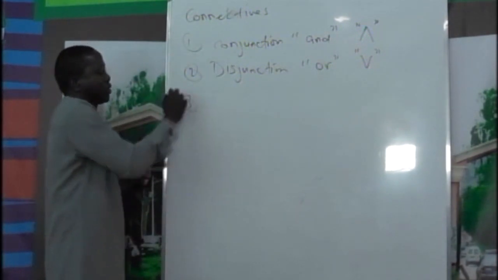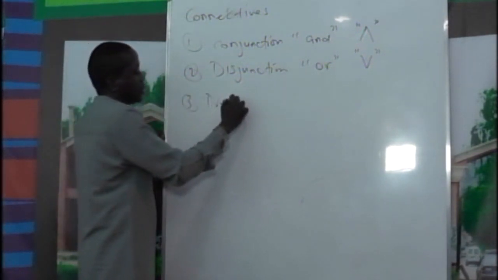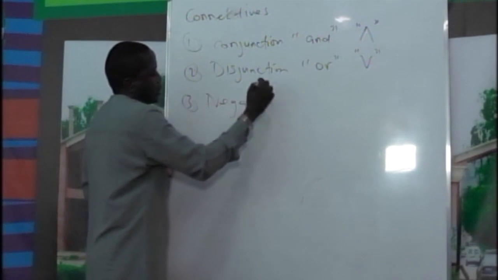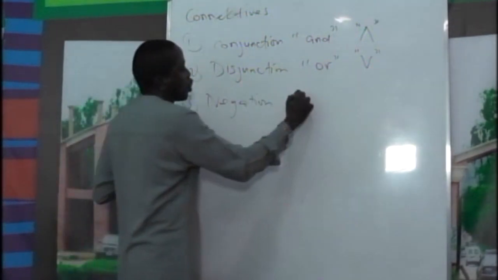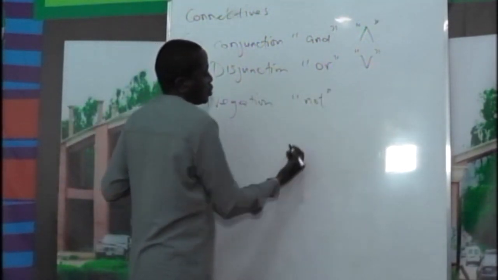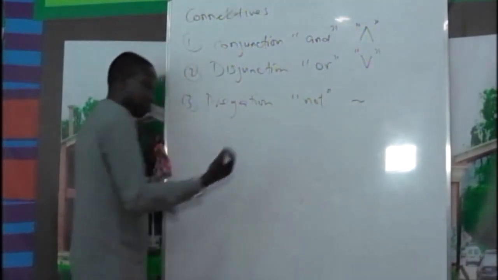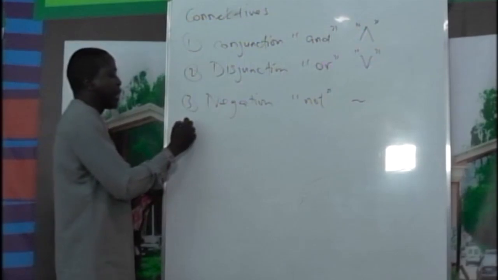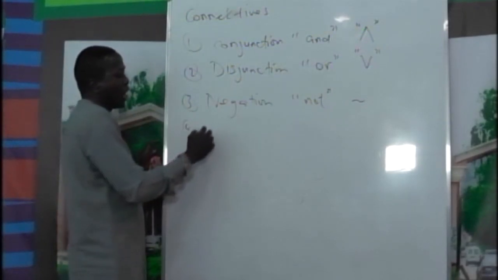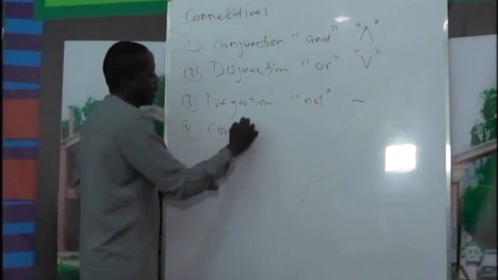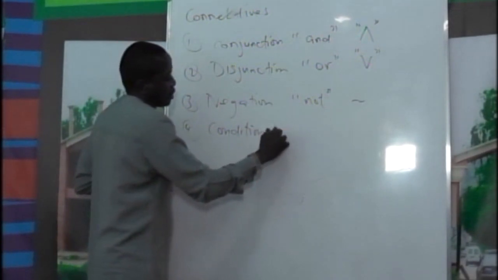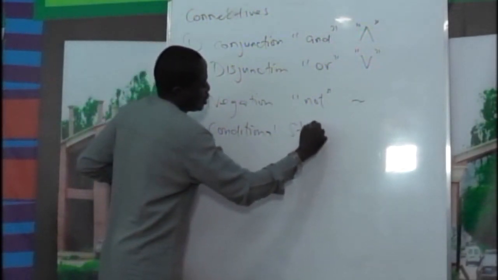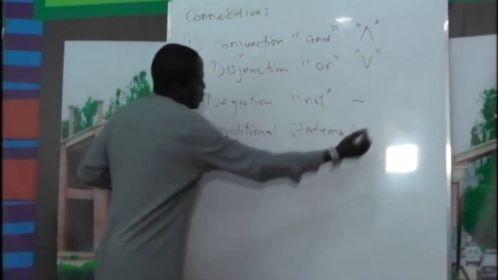The third one, we have negation. This one, we use not. And this is the symbol, if you are negating a statement. Number 4, we have conditional statement.